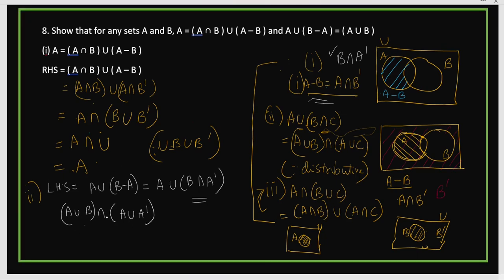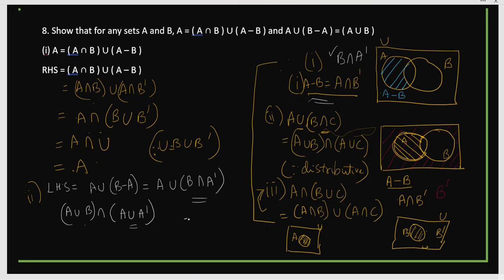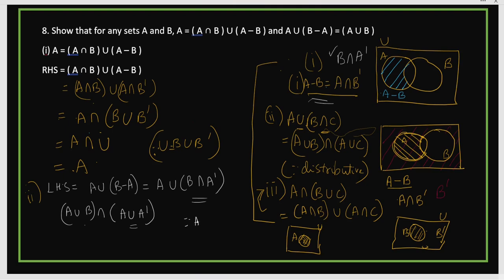Now A union A complement is what? You know very well, A union A complement equals the universal set. So (A union B) intersection the universal set.